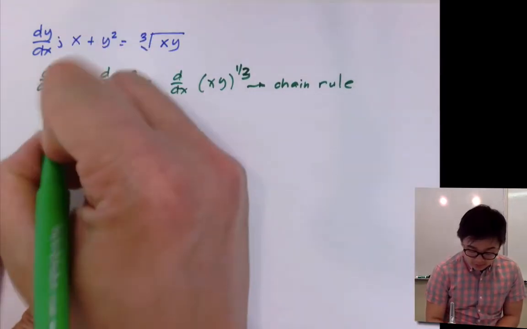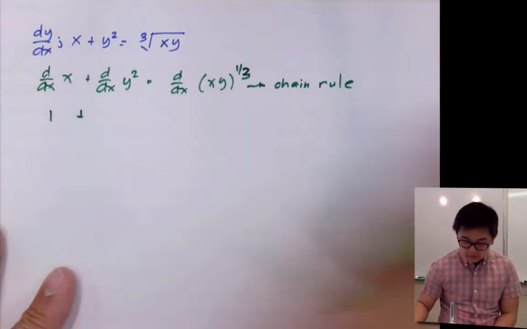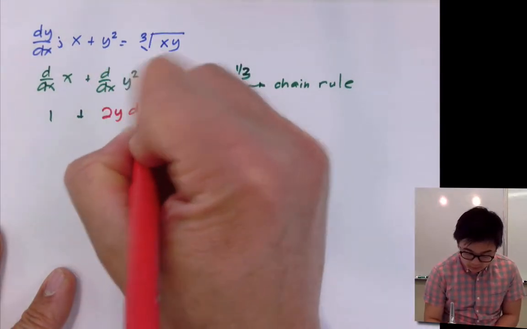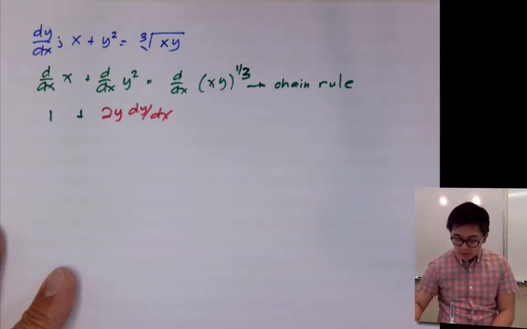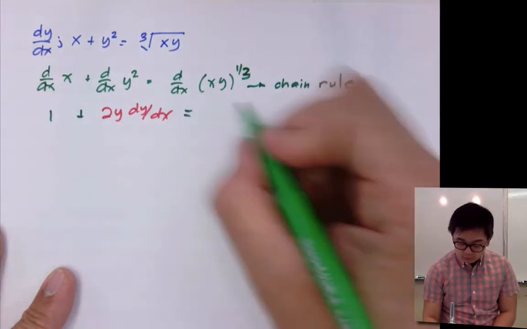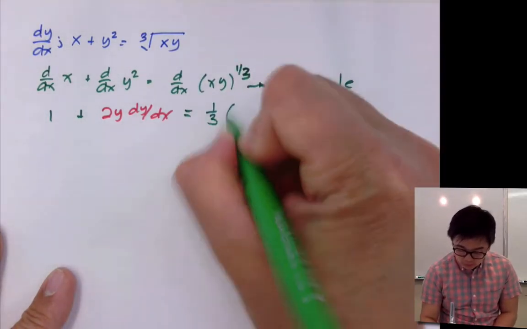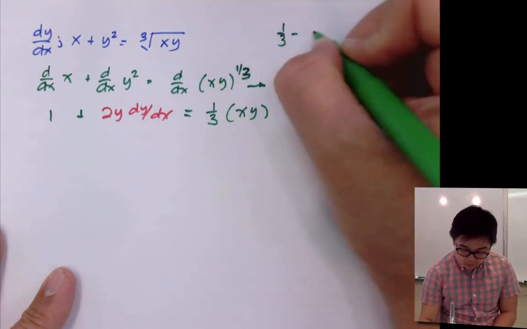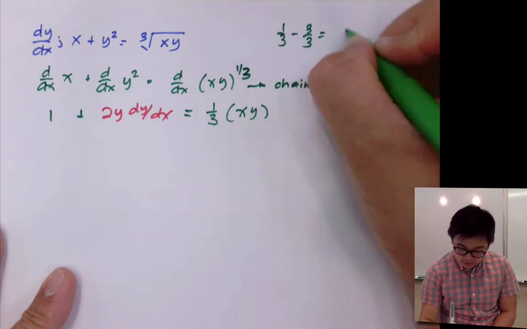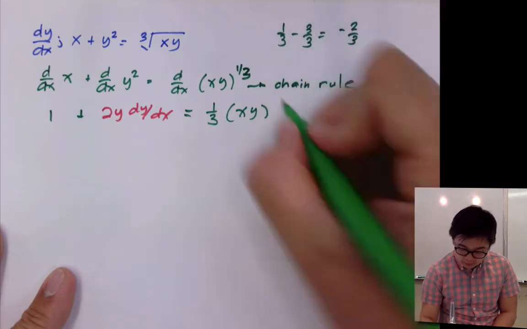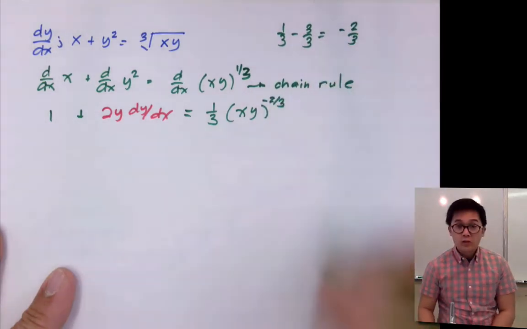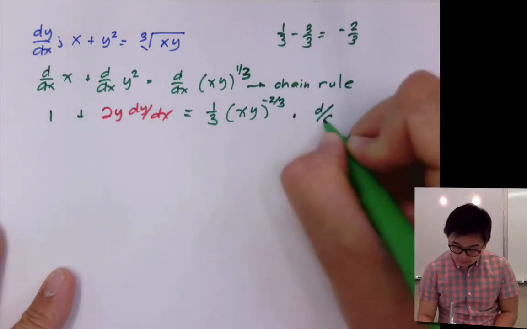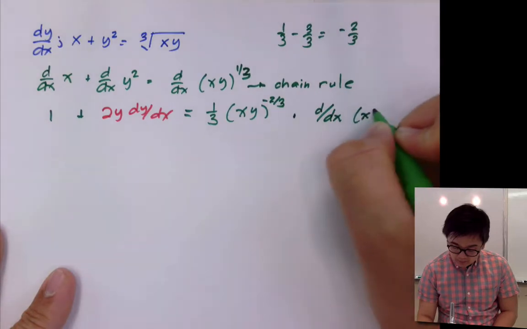So the derivative of x is simply 1, plus the derivative of y squared is 2y dy/dx, equal to, by chain rule, 1/3 (xy), and we know that 1/3 minus 1, which is 3/3, is simply negative 2/3. So this is negative 2/3 for our exponent, multiplied by the derivative of xy.